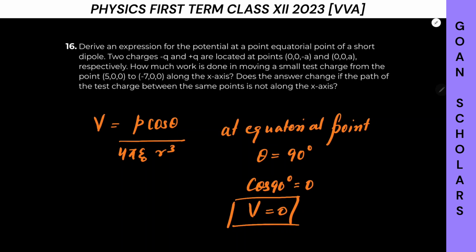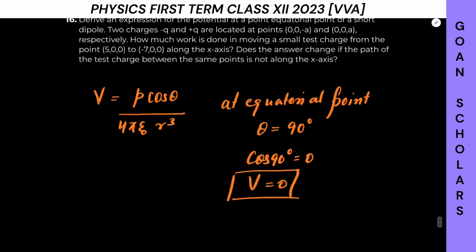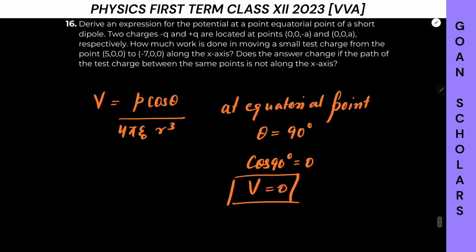Two charges minus q and plus q are located at points 0, 0, minus a and 0, 0, a respectively. Let's draw a rough diagram.